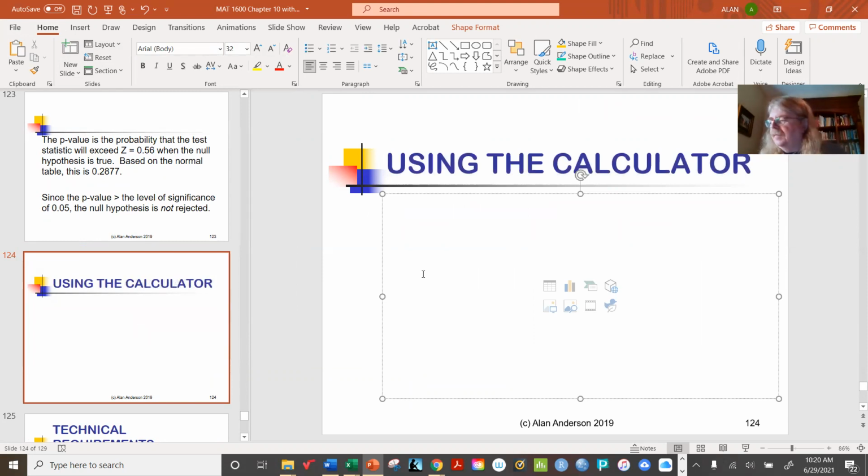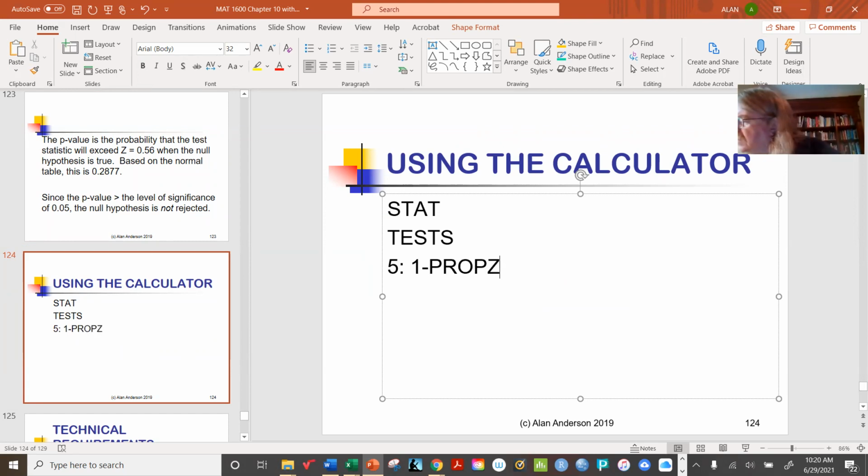So it's to calculate or test hypotheses about the population proportion. Go to Stat Tests. And this time we're looking for number 5, one prop Z test.